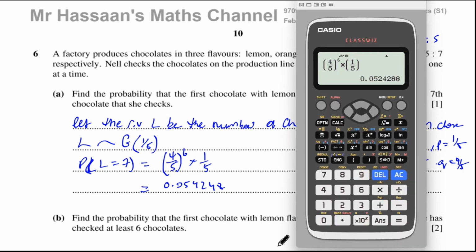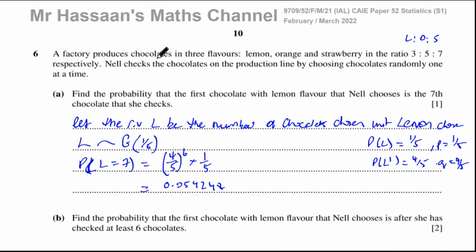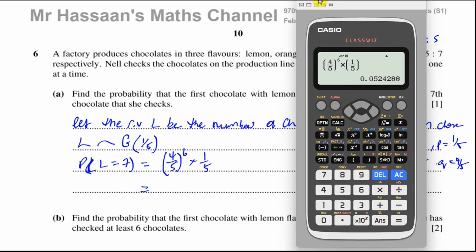Oops, let me just write this again. I've written a completely different number down. What I'll do is this to make it easier.